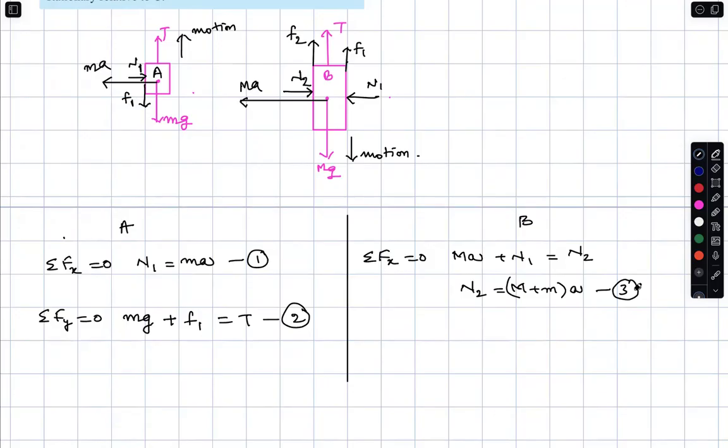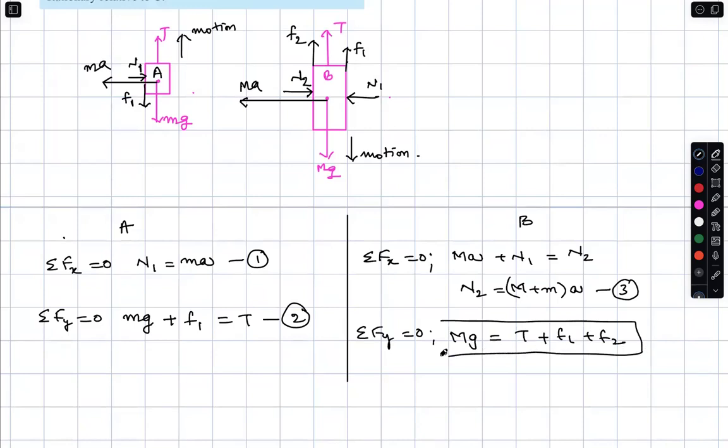Boys and girls, any doubts? Sigma Fy is equal to 0. Down is mg. And what are the forces in the upward direction? T plus F1 plus F2. Super. This is equation 4.